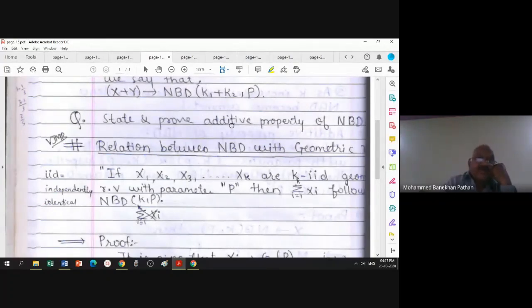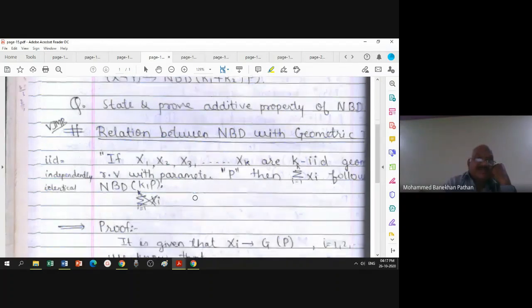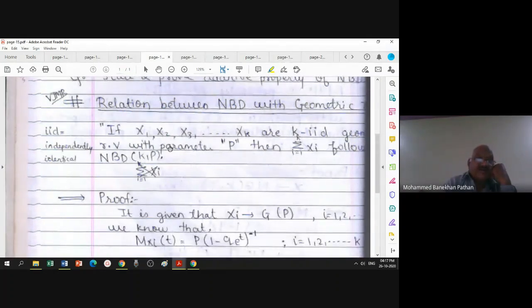I think everybody got what the concept of additive is. By making an addition, the result should remain in the same distribution. Then that distribution satisfies the additive property. From this statement, you can easily understand the sum of geometric is not geometric.